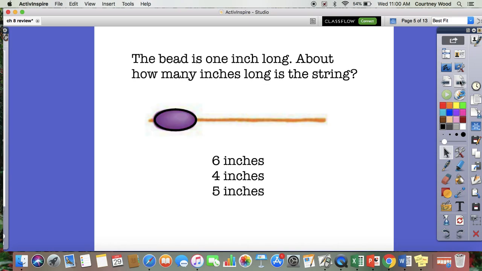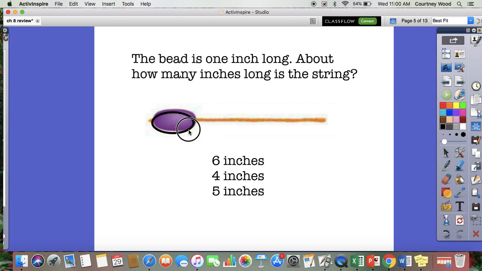Okay, let's look here. The bead is 1 inch long. About how many inches long is the string? So this is going to be on your test. Sometimes what I do is I use my fingers and imagine how big it's going to be. But for this, I'm going to use this and count.